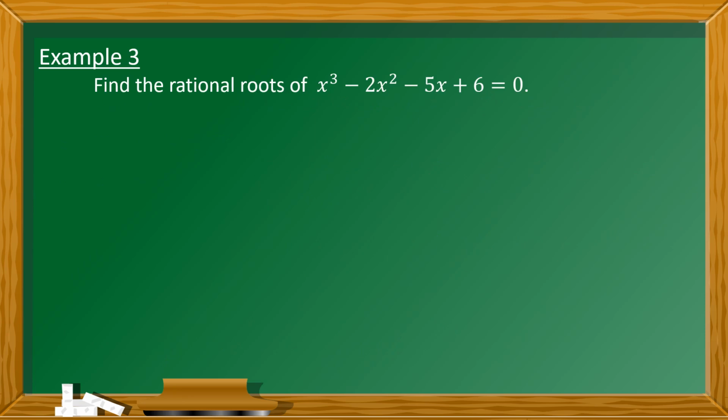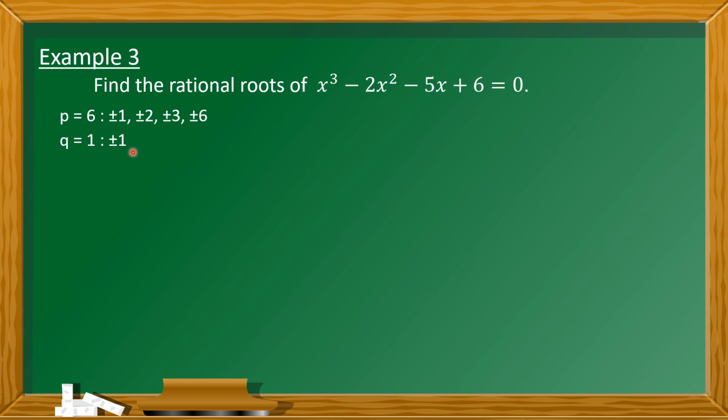For example number 3, find the rational roots of x cubed minus 2x squared minus 5x plus 6 equals 0. P is equal to 6. The factors are positive and negative 1, positive and negative 2, positive and negative 3, positive and negative 6. Q is 1.